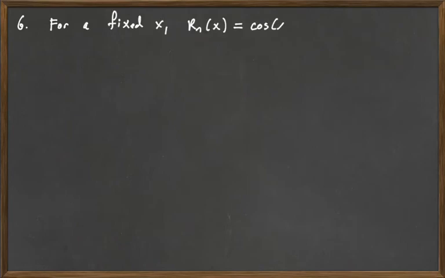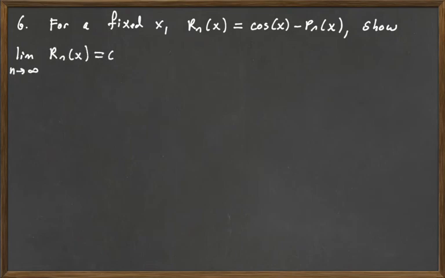Okay, so for a fixed x, the nth remainder of x is equal to the cosine x minus the nth Taylor polynomial. And what we want to do is we want to show that the limit as n goes to infinity of the nth remainder of x is equal to 0.